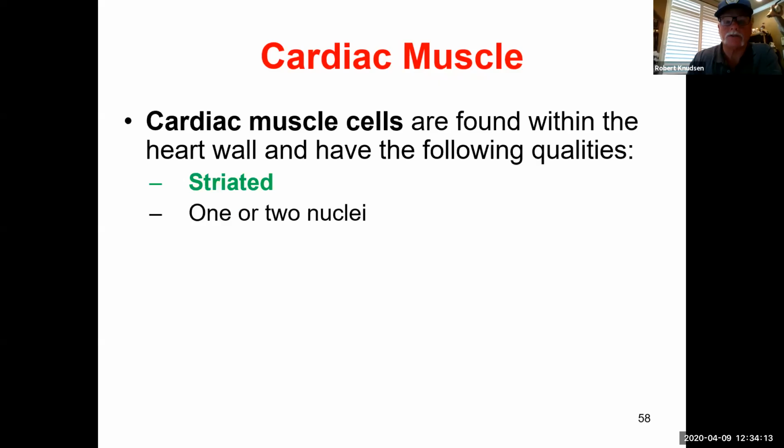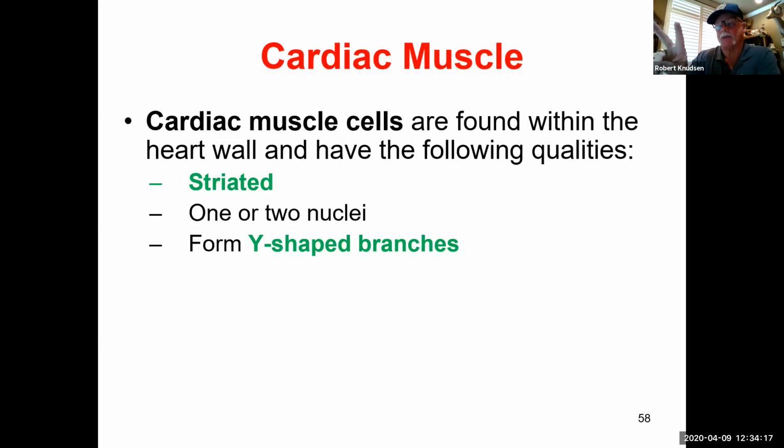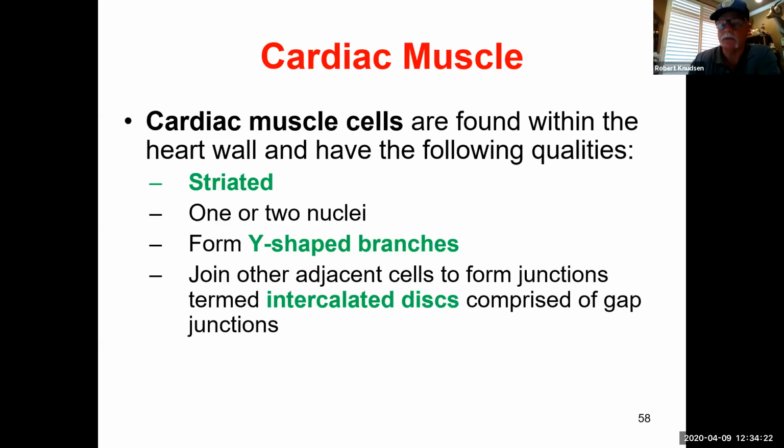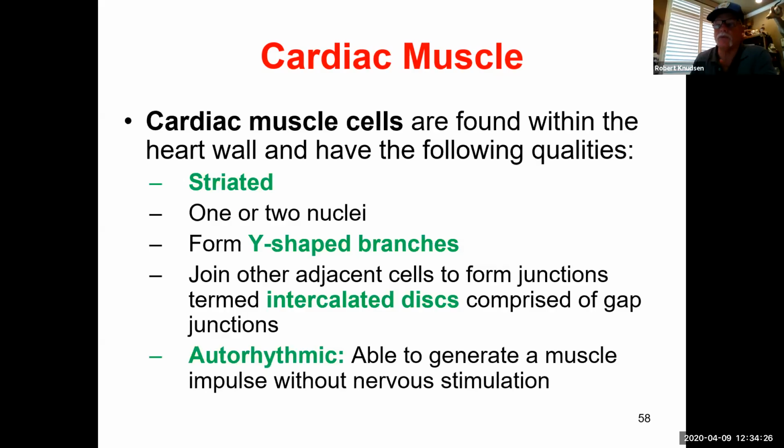Okay, it's striated. Remember, it says Y-shaped. Remember, sometimes they were branched out like that. I showed you intercalated discs. Gap junctions, desmosomes, autorhythmia. Remember, I just threw this in here because the heart is autorhythmic. We went into the heartbeat, and we know that after the Purkinje fibers, it loops up to the sinoatrial node, known as the pacemaker, a little loop like that.